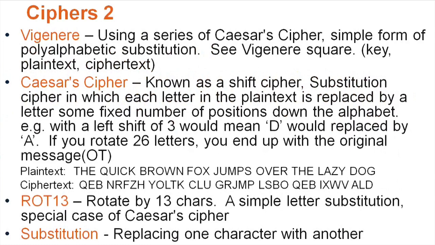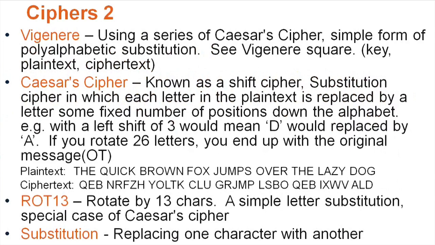For example, with a left shift of 3, a D would replace an A. If you rotate 26 letters, you end up with the original message, because there are 26 letters in the alphabet, so A is replaced with an A and B with a B. If you shift 3, then A would become B, C, D, so every A would become a D. That's how you shift and replace. That's what a Caesar cipher is.